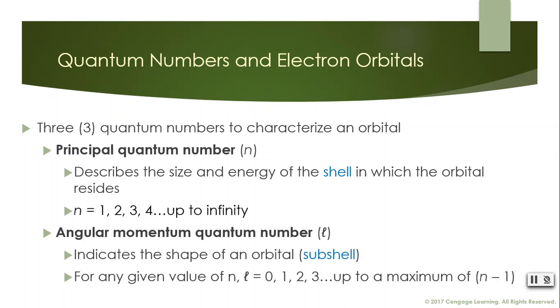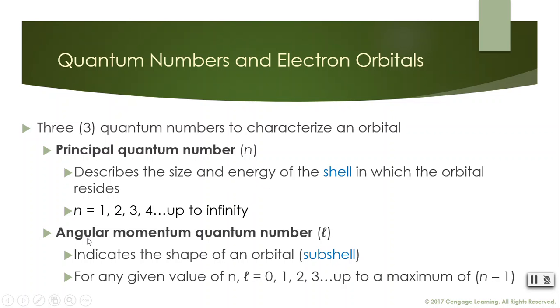So for the principal quantum number, designated by an n, the allowed values for n, because these values are quantized, are specific values. Values of n begin with 1 and go up to infinity, depending upon the size of the atom.